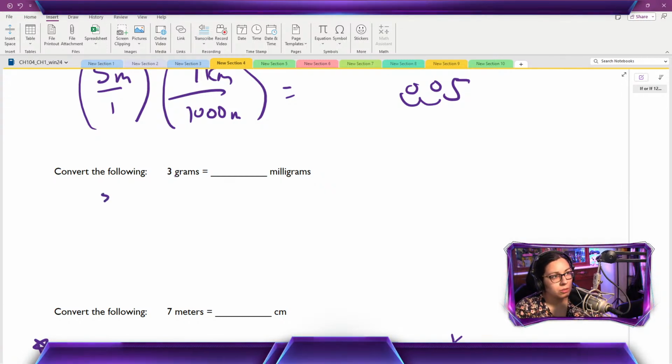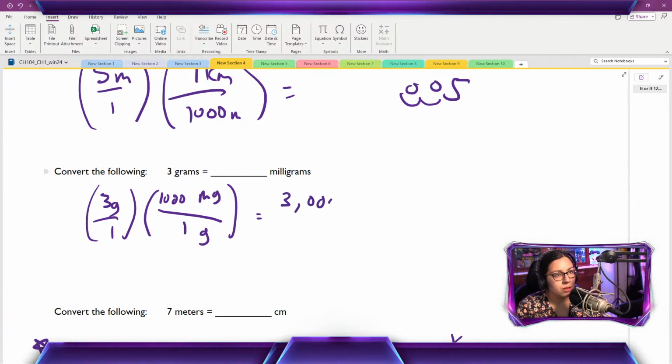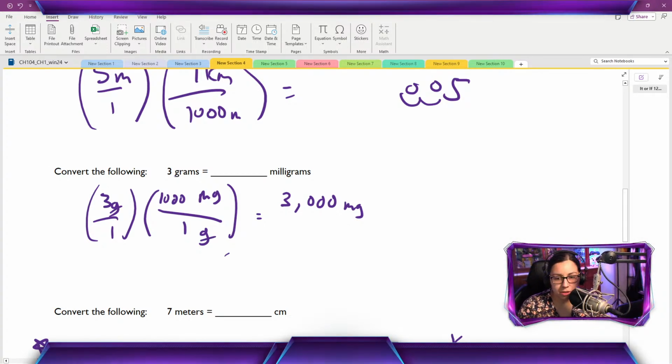We'll do 3 grams, and then for our conversion factor, we want milligrams on top, grams on bottom, and there are 1,000. Remember, it's a small unit, so there has to be more small units in the big unit. That can also help you if you're having issues. Now that gives us 3,000 milligrams for that question. And again, notice grams cancels, so we're left with milligrams.